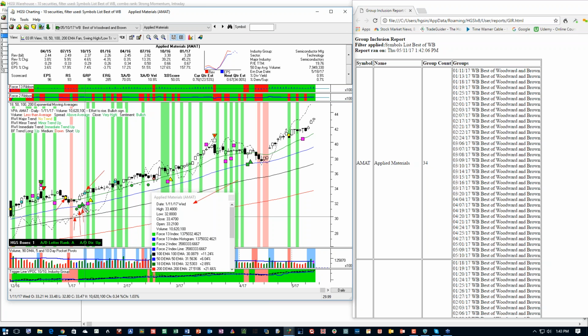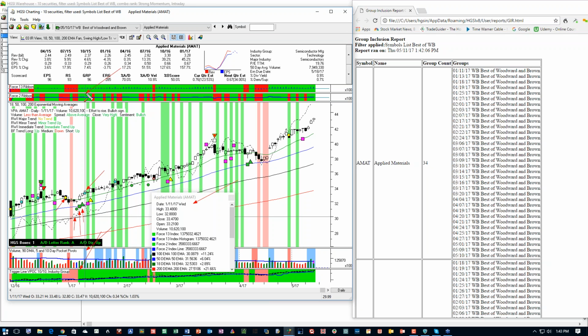So you can see the pullback to here, and as it pulled back, you can see that it was being accumulated. You can also see that the VPOC 10 period, 10 bucket turned positive, about this day right here, or maybe even this day right here. And it was followed by a pocket pivot.